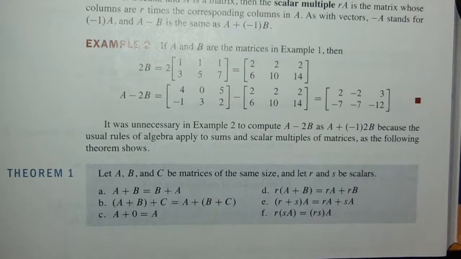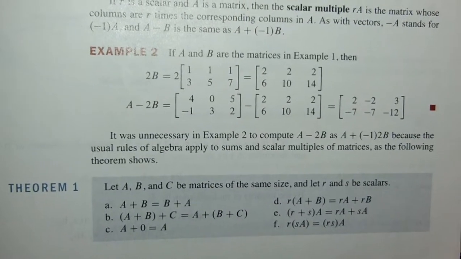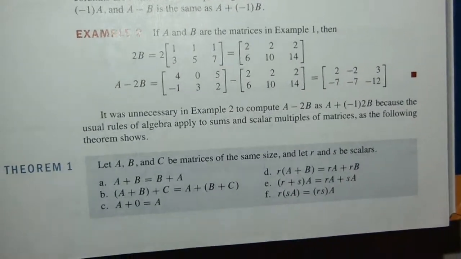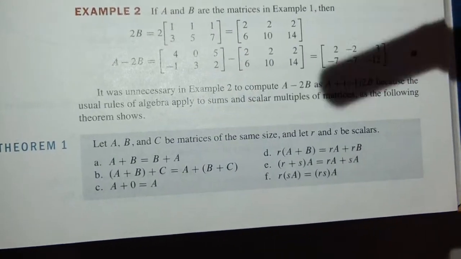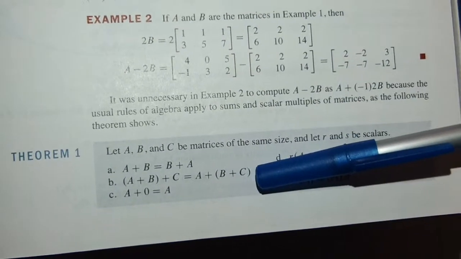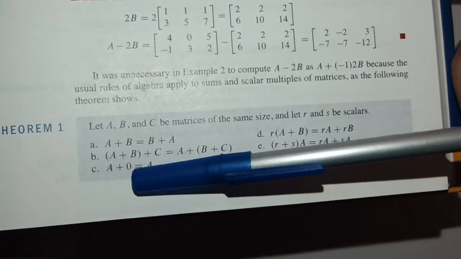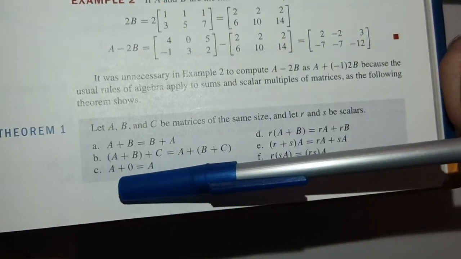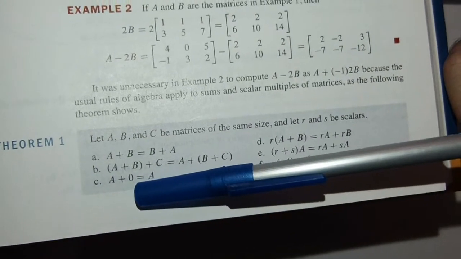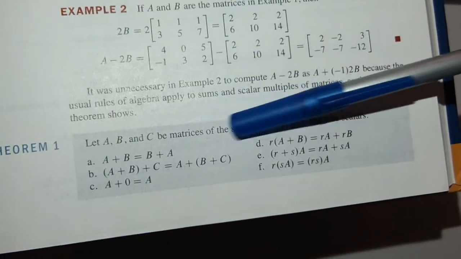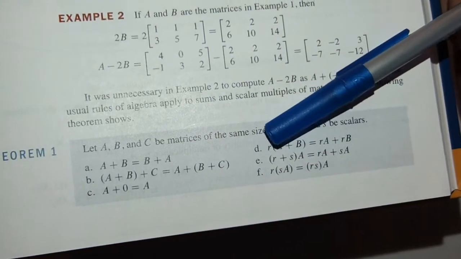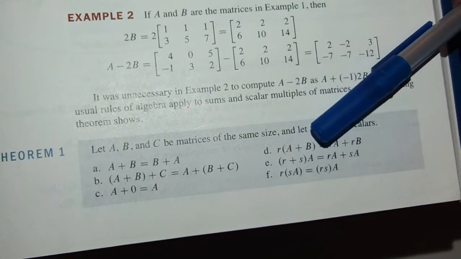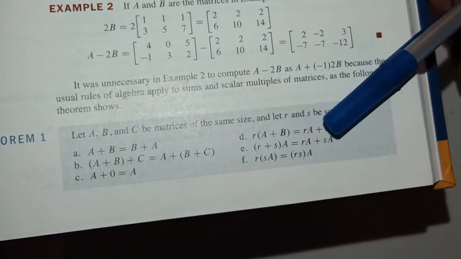Let A, B, and C be matrices of the same size. Let R and S be scalars. Matrix addition is commutative. It's associative. You have a 0 matrix, so A plus the 0 matrix, where 0 has to have the same size, they all have to have the same size here, A plus 0 is A. If you scalar multiply a sum of two matrices, that is what you think it is.